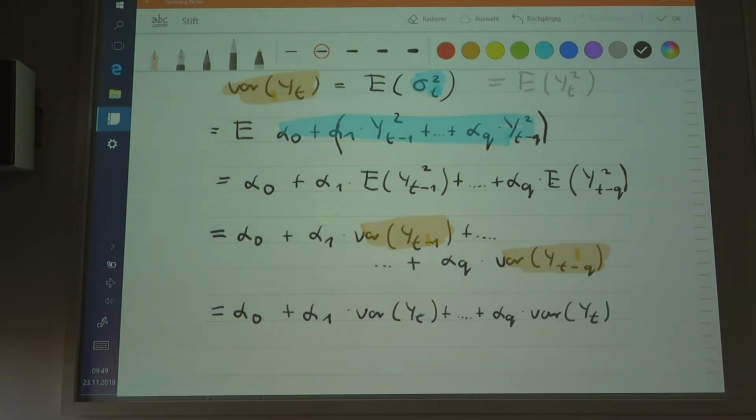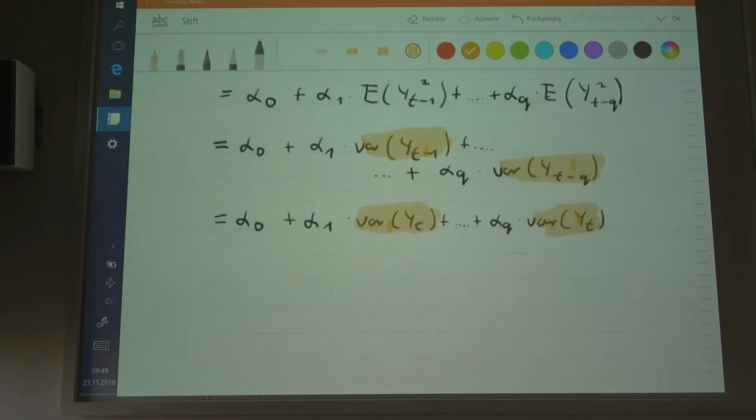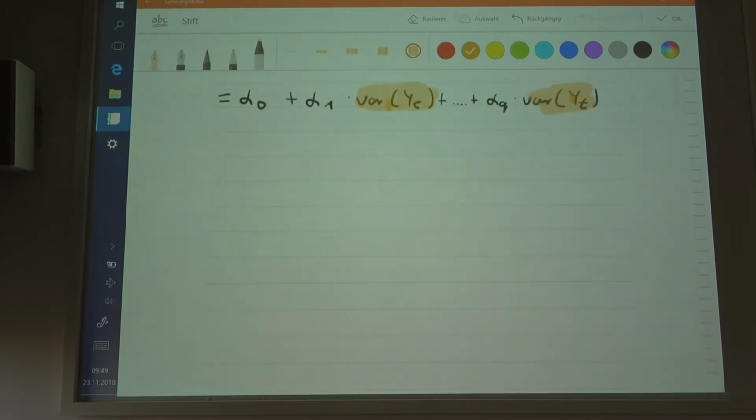The variance of the process does not depend on time, so this is equal to the variance of the process.